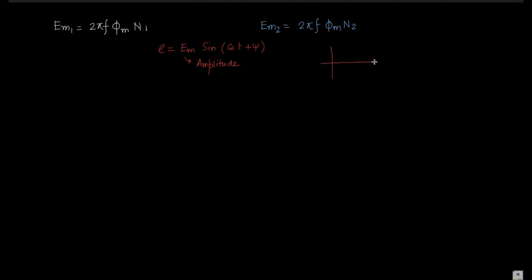If you plot the graph of E versus omega t for the induced EMF, it becomes sinusoidal in nature, and this is Em, the maximum value. But if this is the maximum value Em, then we should convert it into the RMS value, because whatever you are applying and whatever you are getting is in the form of RMS value.